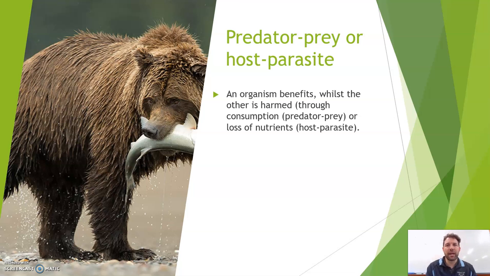So with a predator-prey, one's eaten. That's probably a little bit negative for them now that they've been consumed. Or the host-parasite is when the host is negatively impacted by the parasite. So there's examples of ticks or bacteria, or any parasites or viruses that will impact an organism.